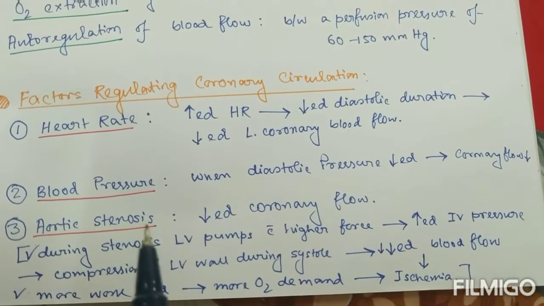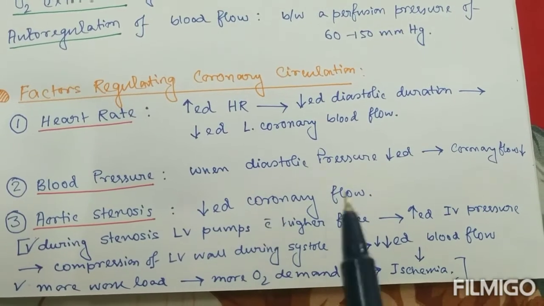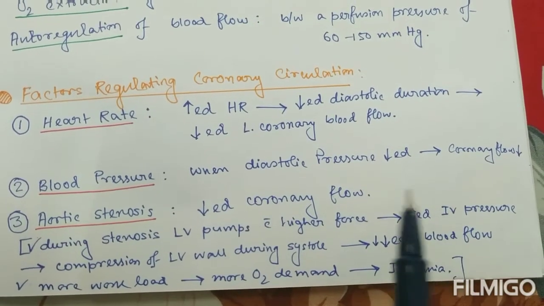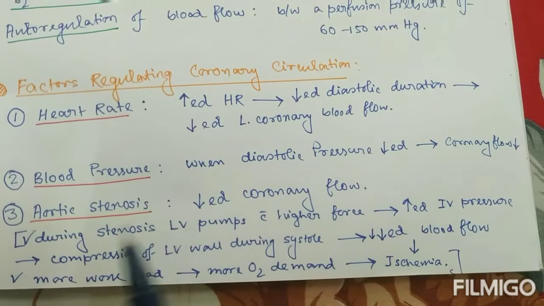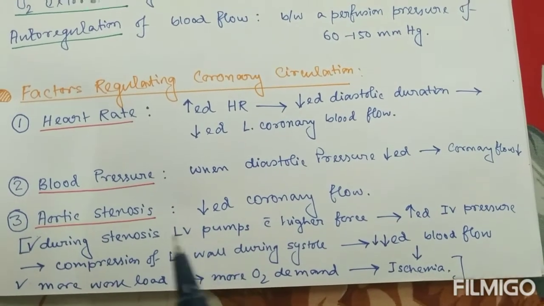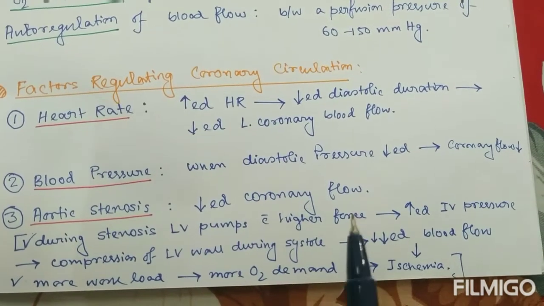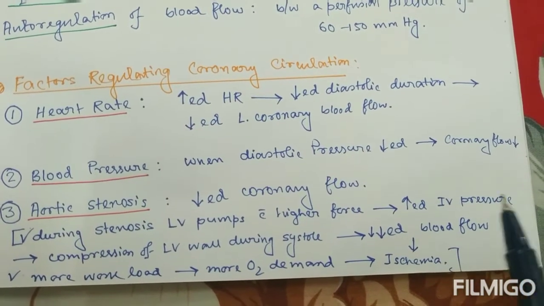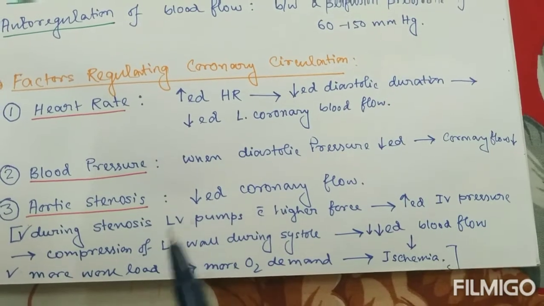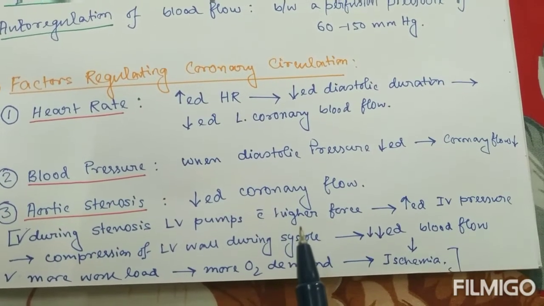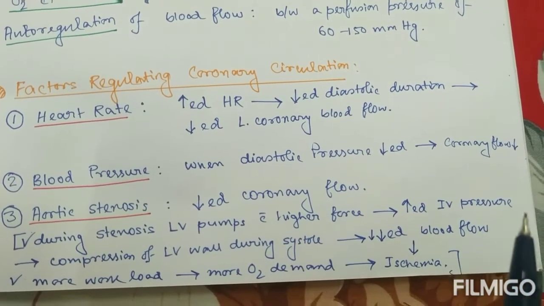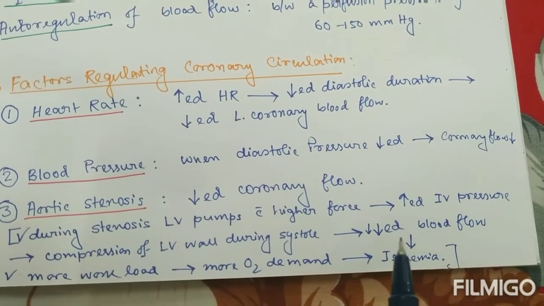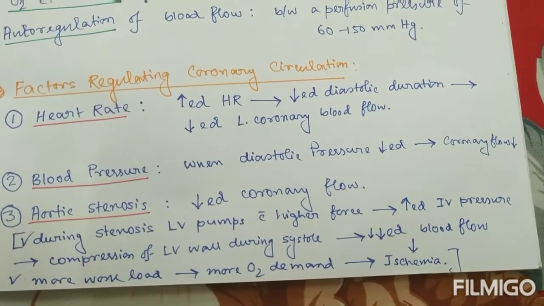In case of aortic stenosis, flow will be reduced. It is easily appreciable because during stenosis, left ventricle pumps with higher force and it causes increased intraventricular pressure, which causes compression of the left ventricle during systole and causes reduced blood flow, causing ischemia finally.